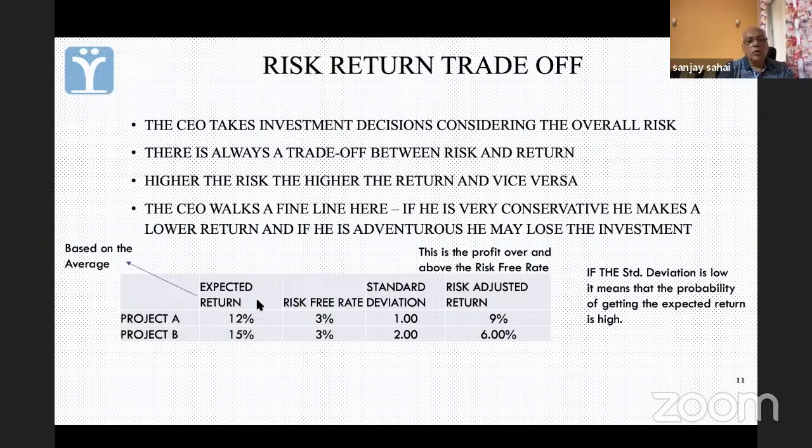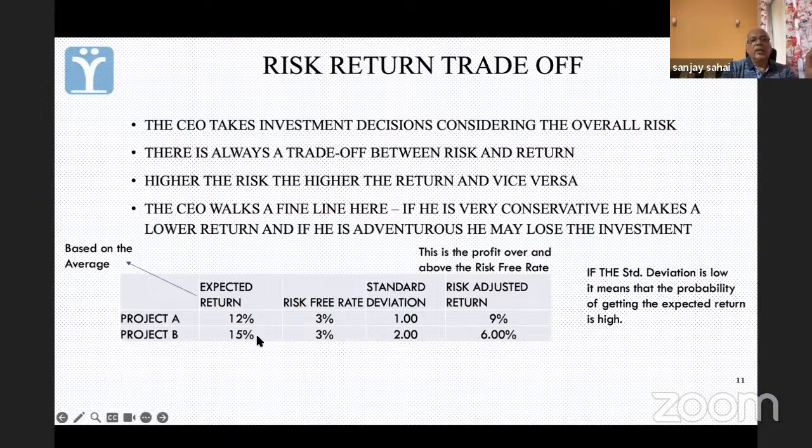Now, what you notice here is, if I go for a slightly lower return of 12%, then my standard deviation is lower. It is lower than 2 at least. And my risk-adjusted return is 9%. That means, taking into account the risk, I am likely to make a return of 9%.